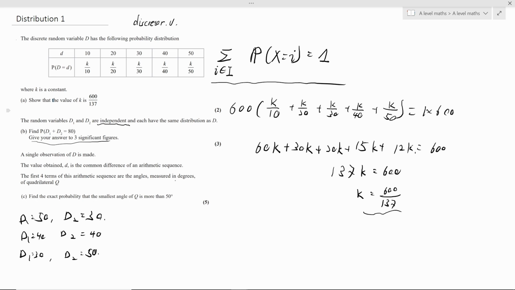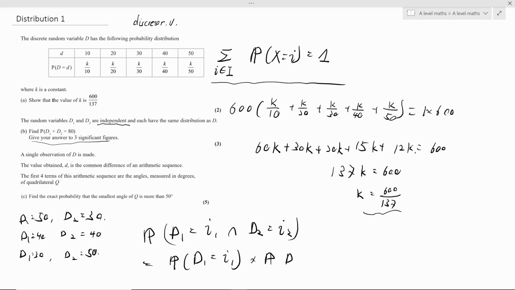That means P(D1 = i1 intersection D2 = i2) is basically the probability of D1 equals i1 multiplied by the probability of D2 equals i2. Always remember, independence implies multiplication.